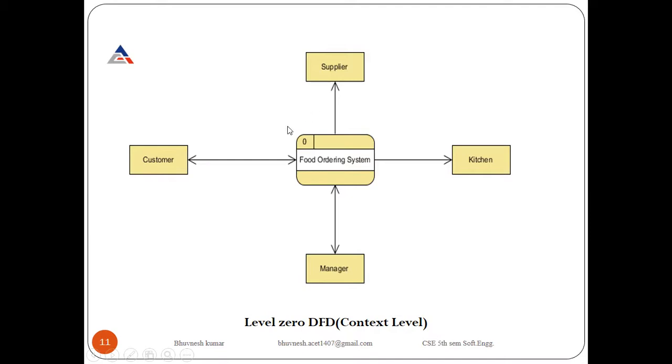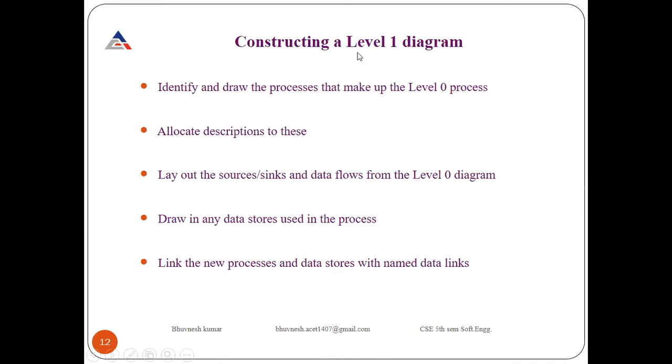After level 0, there should be a level 1. For constructing a level 1 diagram, identify and draw the processes that make up the level 0 process.